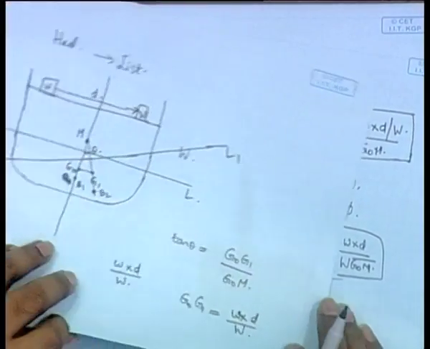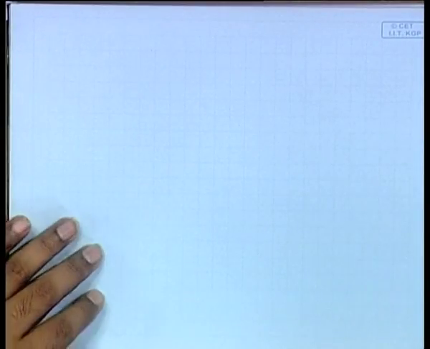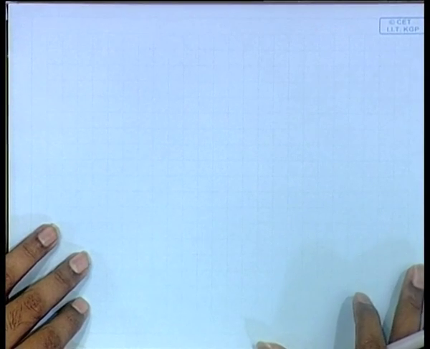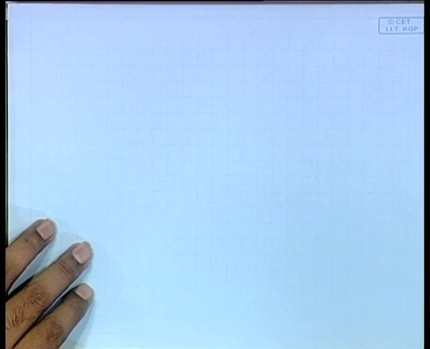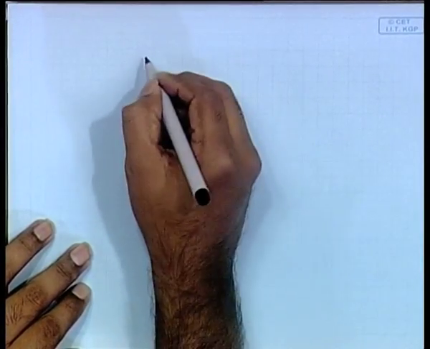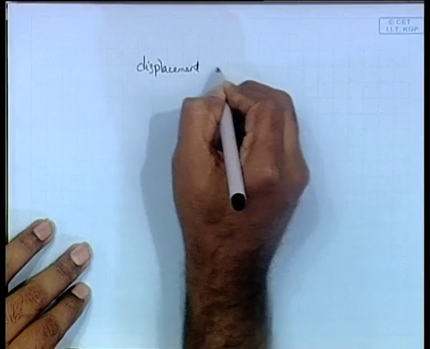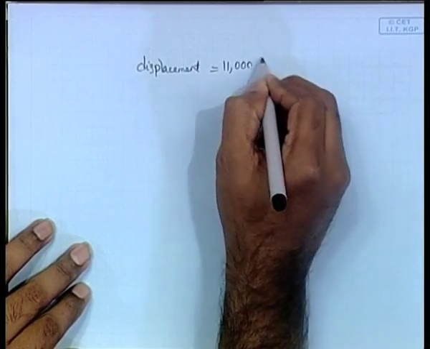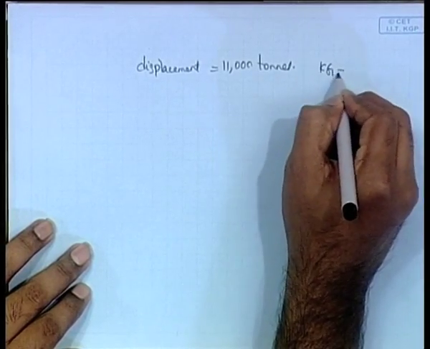Now, we can do one problem that gives you an idea of this. I will read out the problem so that you understand. A vessel displacing 11,000 tons. The meaning of that of course is that the displacement of the vessel is 11,000 tons, and it has a KG of 8.7 meter.